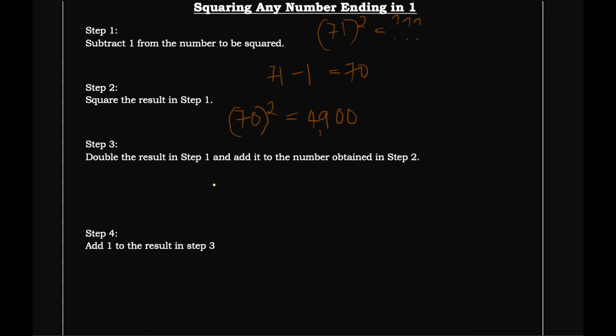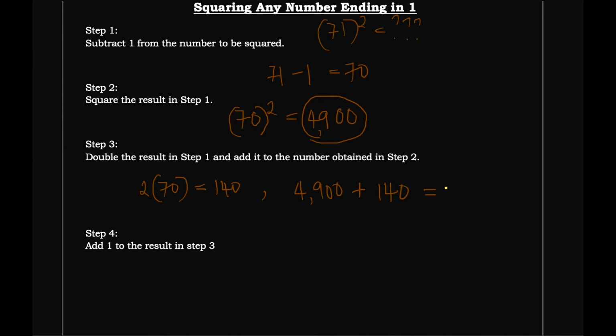Okay, in step number 3, double the result in step 1. In step 1 we obtained 70, and I will double that by multiplying by 2, this will be 140. And add it to the number obtained in step number 2. In step number 2 we have obtained 4,900, so we will add to it the value obtained from doubling 70, which is 140.